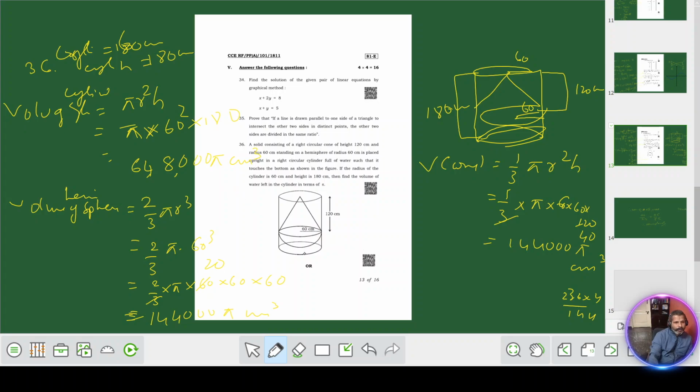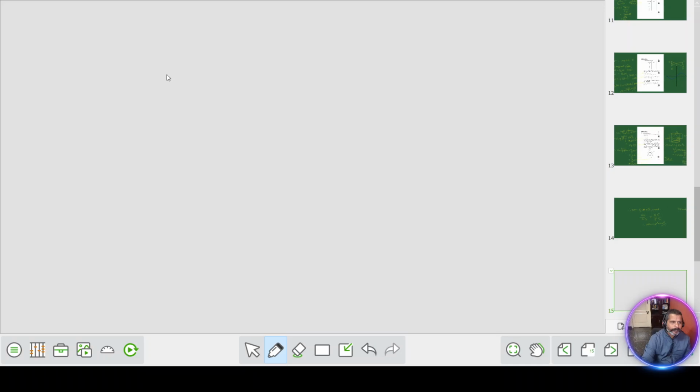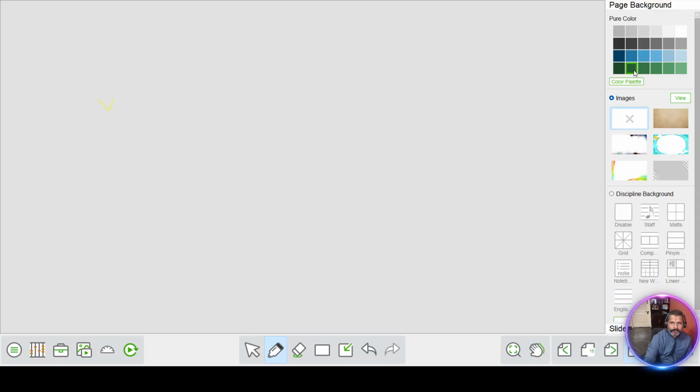Then the required volume. So therefore, volume of water in the cylinder. I'll write in another page. Let's change the color.